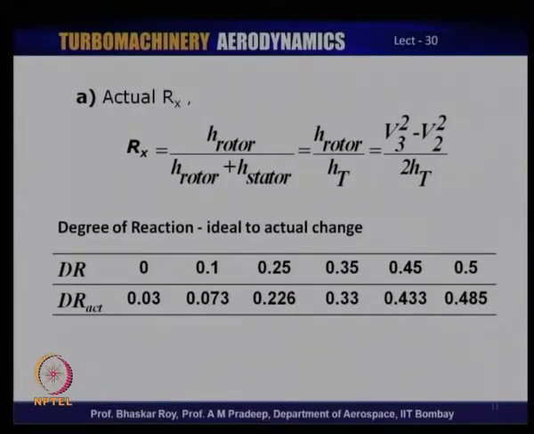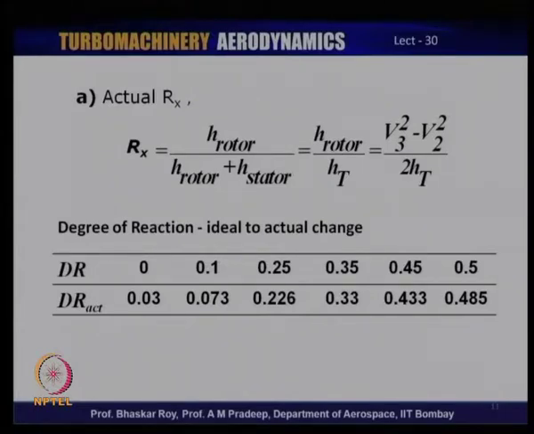So, where the degree of reaction could be 0, which means an impulse turbine, you could actually have a very small degree of reaction. On the other hand, when the degree of reaction is 0.5, which gives you symmetrical blading, the actual value of degree of reaction is 0.485, which means that the velocity triangles would not be exactly symmetrical in nature, and when it is supposed to be impulse, it is not exactly symmetrical blading.